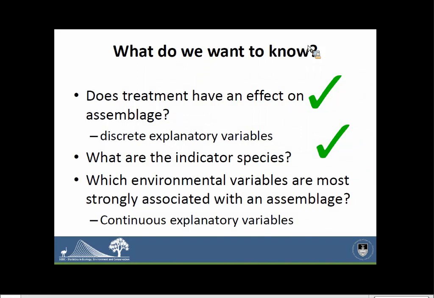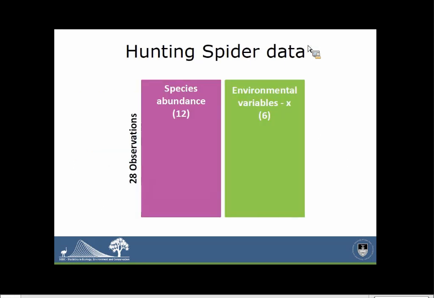And here we have continuous explanatory variables, more often than not. And so we're going to use a different set of data, also from mvabund. Here we've got species abundance, again, count data for 12 spider species, 28 sites that were sampled, and you've got 6 environmental variables that were measured at the same time.